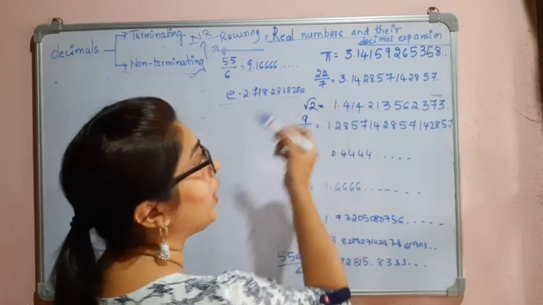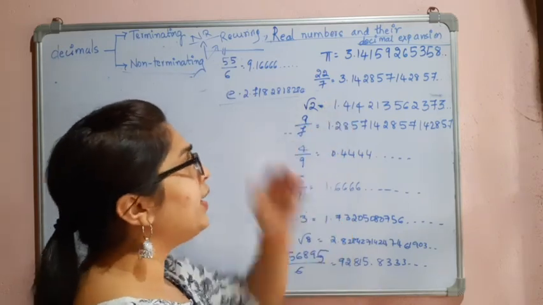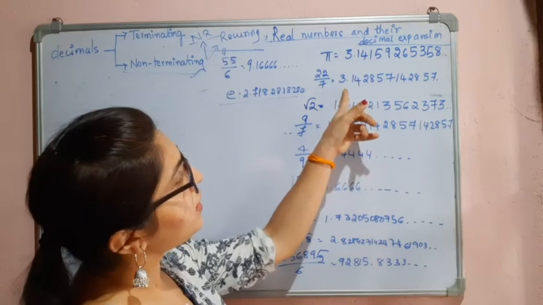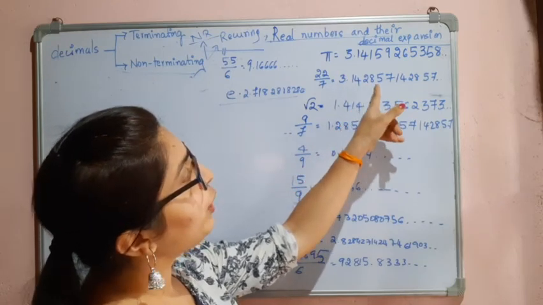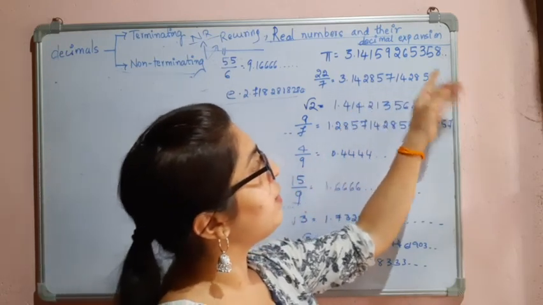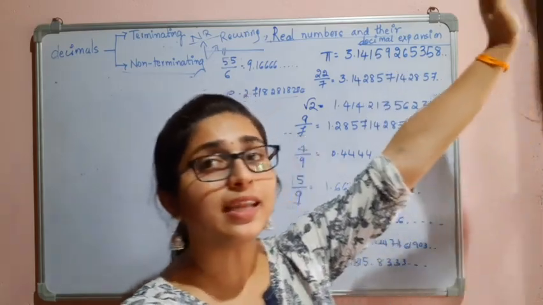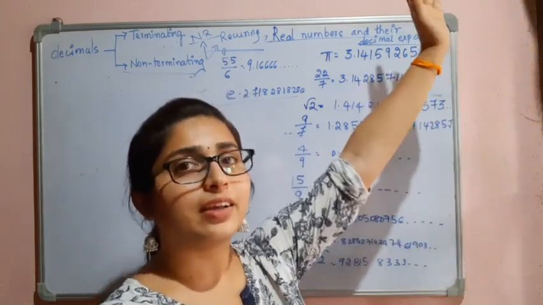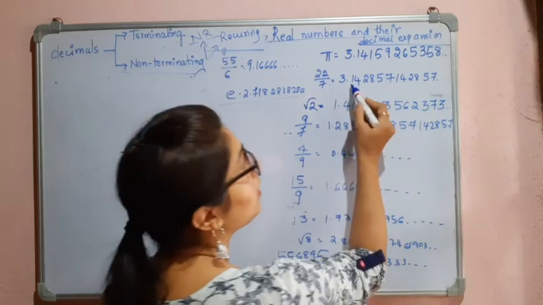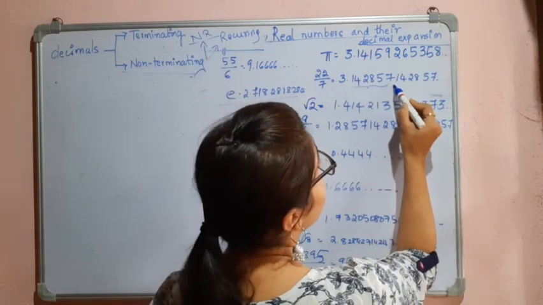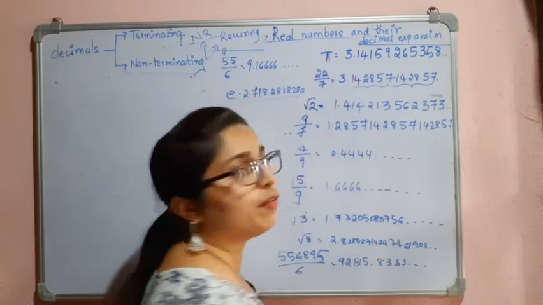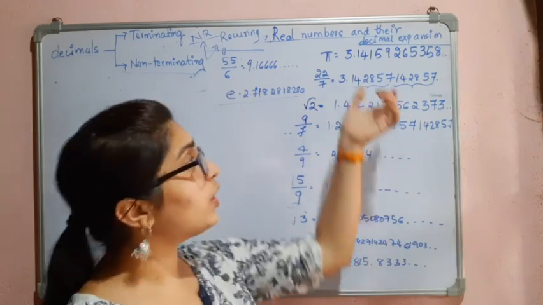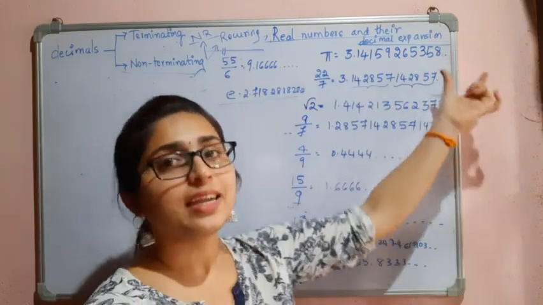Then what about 22 by 7? 22 by 7 is 3.142857. Once again, it is reoccurring. You can see the string of digits 142857 repeating itself.